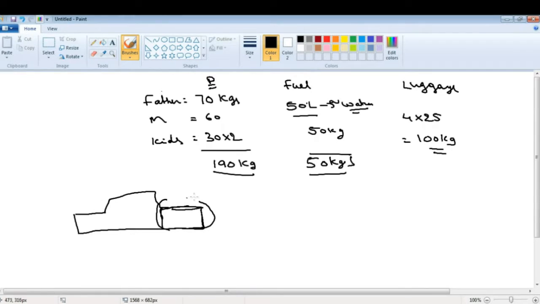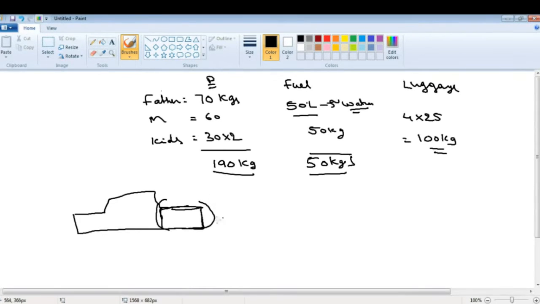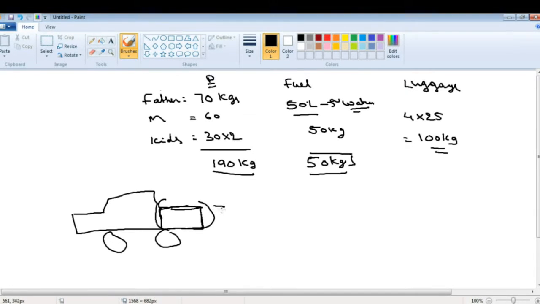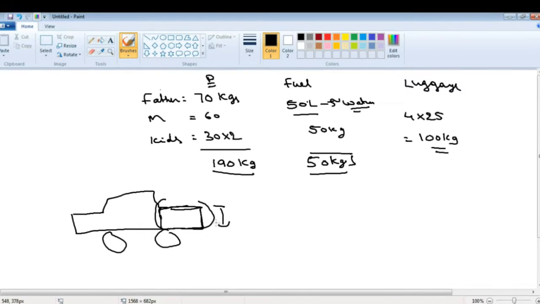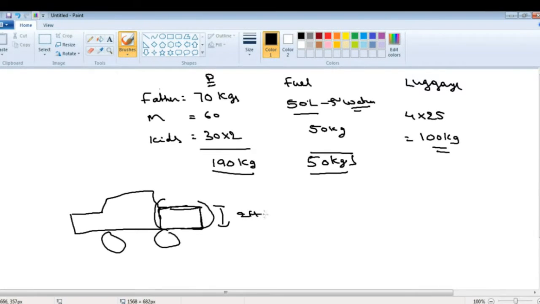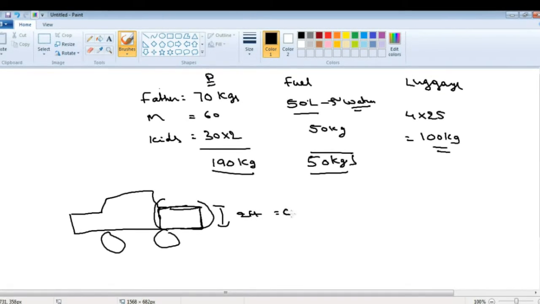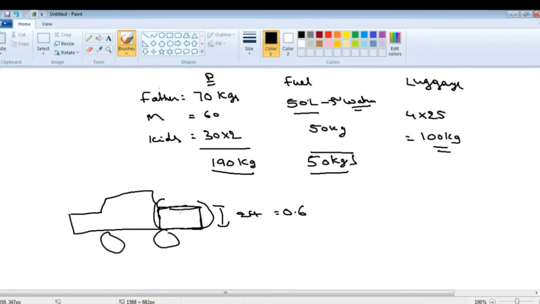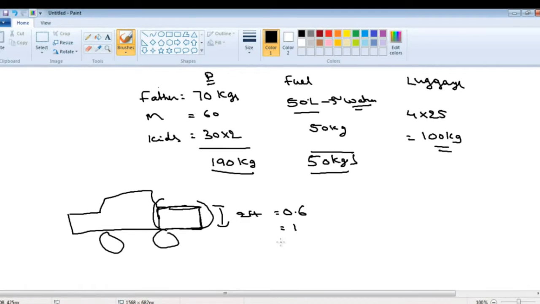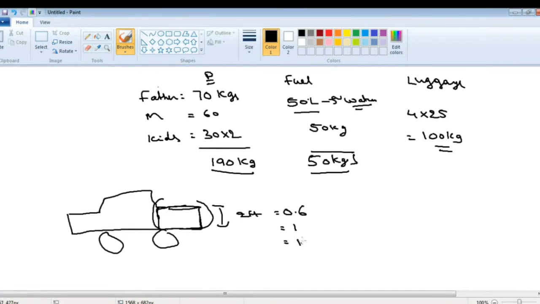Let's look at what is the length, height. There are tires here. So typically I wouldn't expect this to be any more than 2 feet, that is the height, or 0.6 meters. And width, I am expecting it to be around 1 meter, and length again 1 meter.